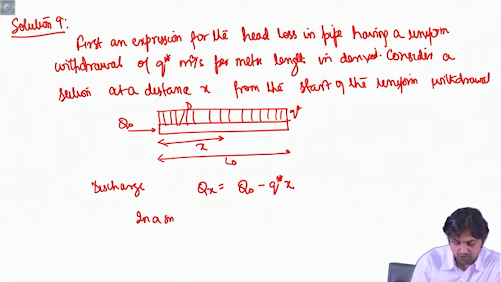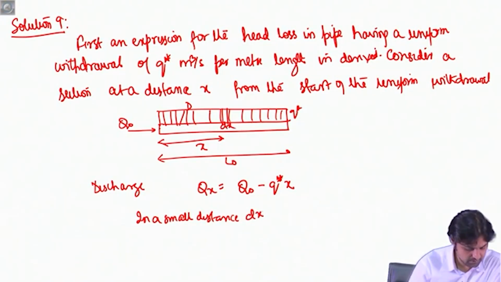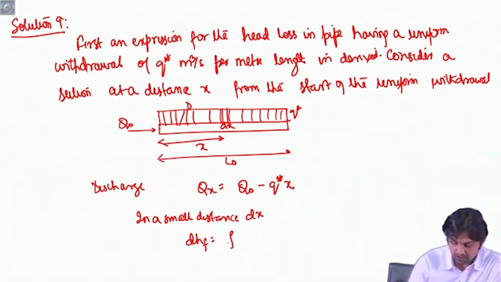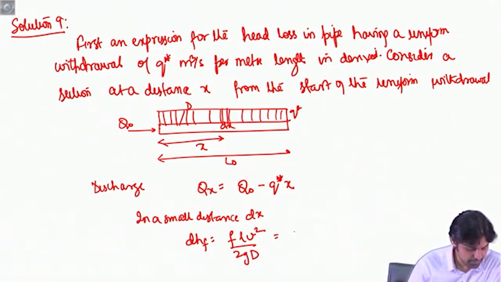So, in a small distance dx, at x we assume a small distance dx here, the head loss is going to be f L V square by 2gD, or instead of V we write Q, correct.